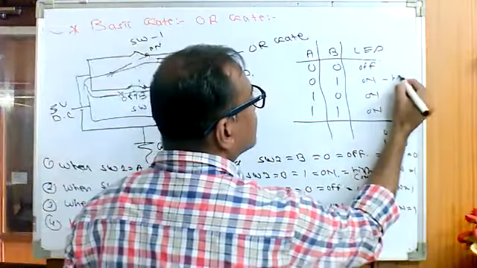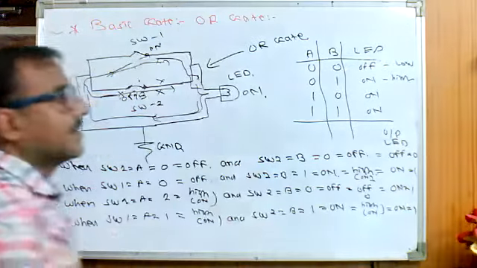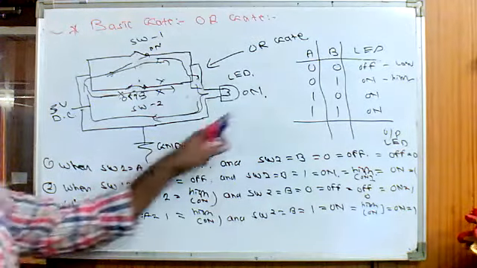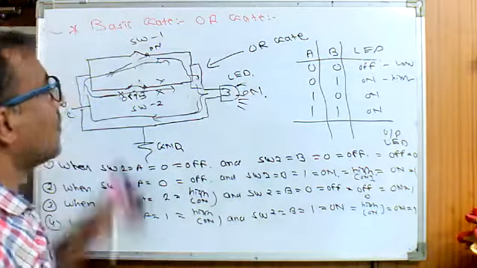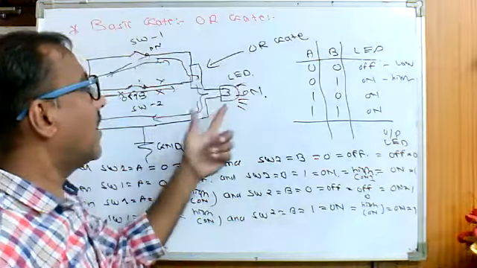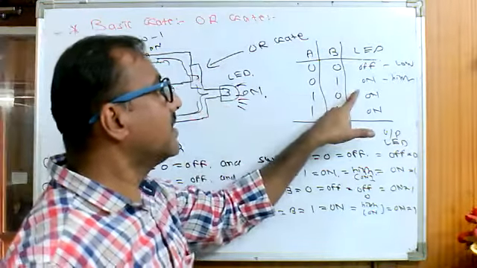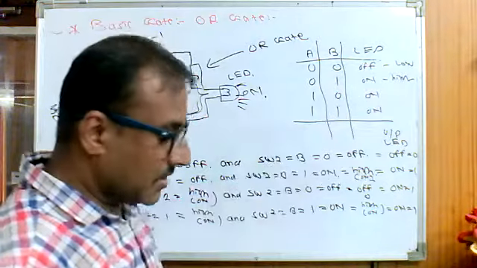On is high, off is low. On means the LED glows. An OR gate has two or more inputs but only one output signal.